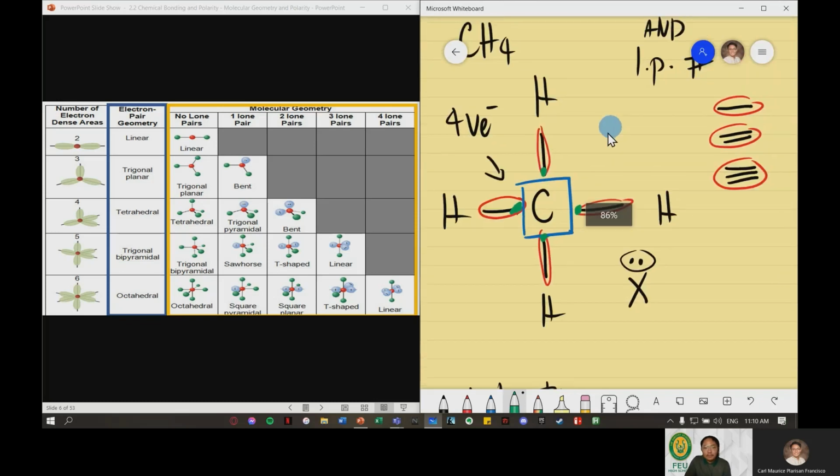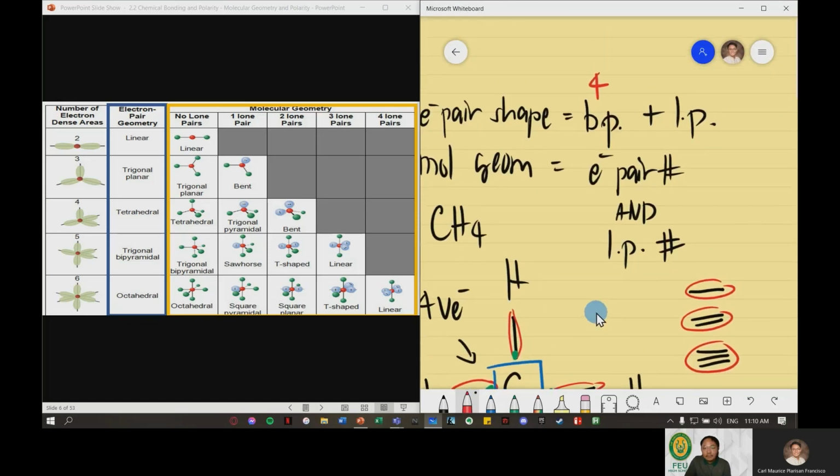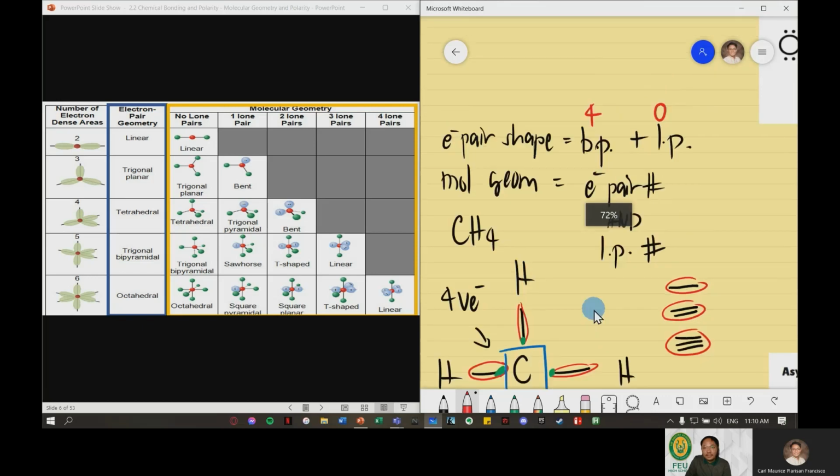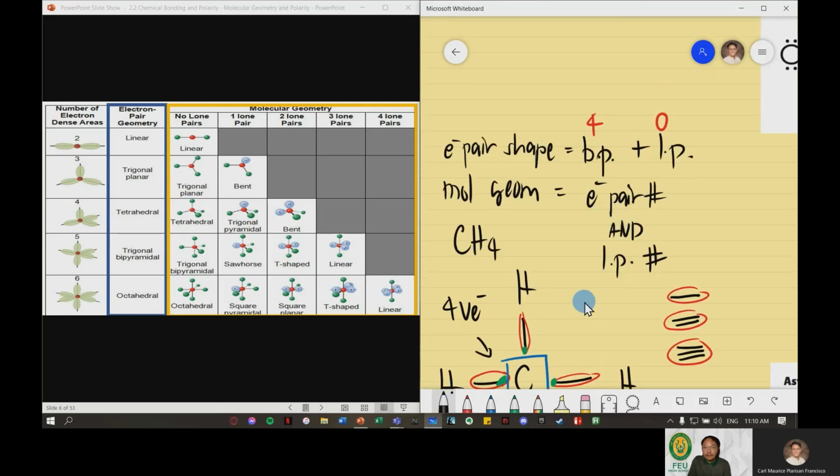Habang ang lone pair naman po ng ating carbon or central atom ay 0. No lone pair. Okay? Now at this point, you will add 4 and 0. 4 plus 0, you have 4. 4 would be your E-pair number. Okay? E-pair number is number 4.